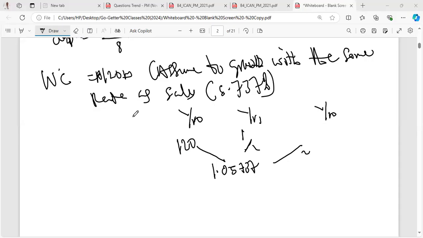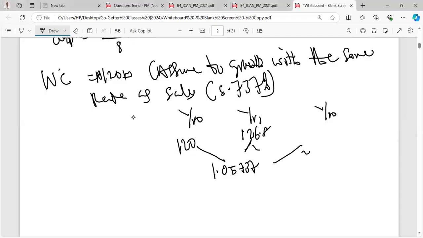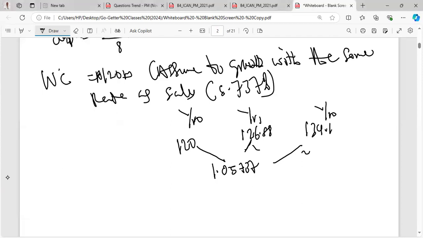This 126.88 multiplied by 1.05737 gives me 134.164, or 134.16.